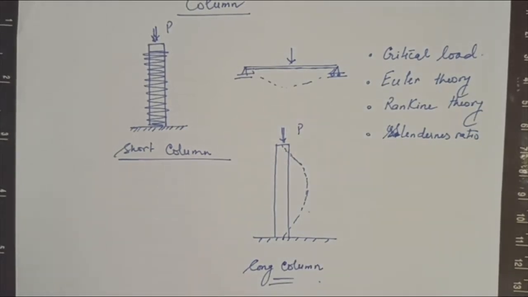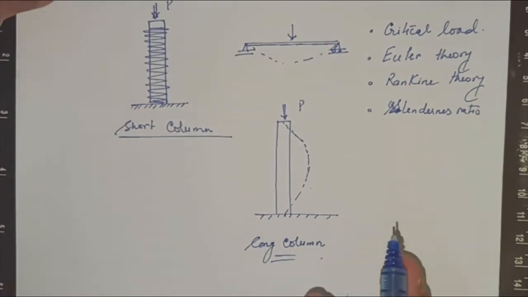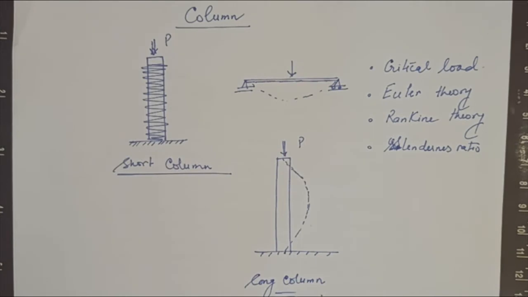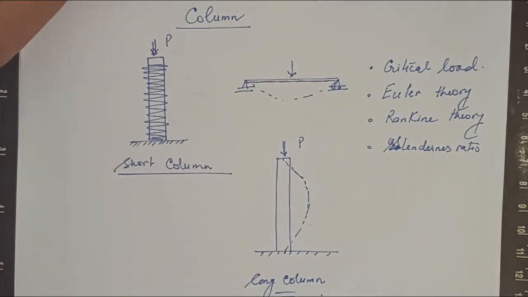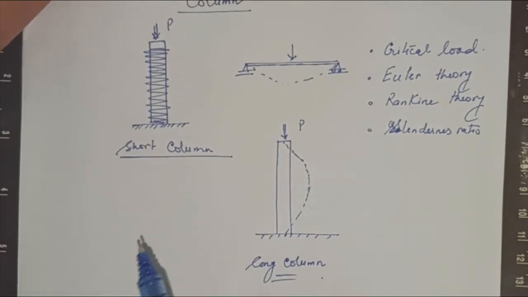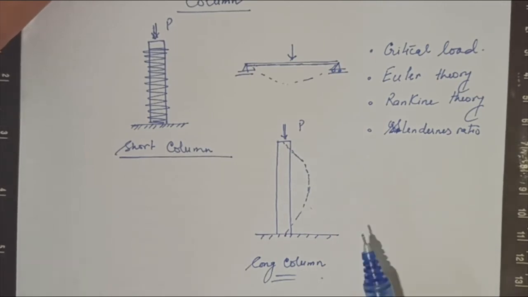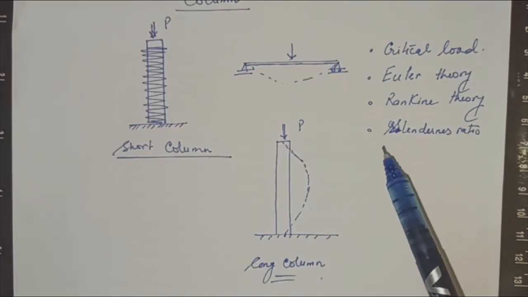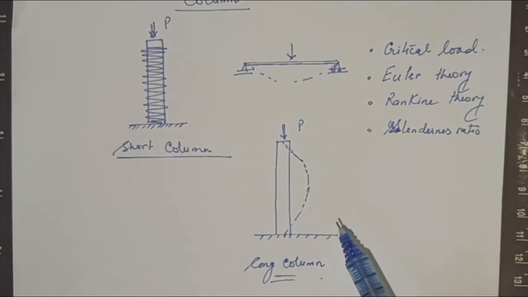Now it's important that there be some criteria on the basis of which these two columns may be classified and differentiated. Usually they are termed in terms of the slenderness ratio. We'll talk more about the slenderness ratio in the later part of the video.